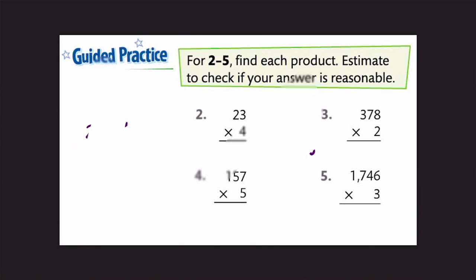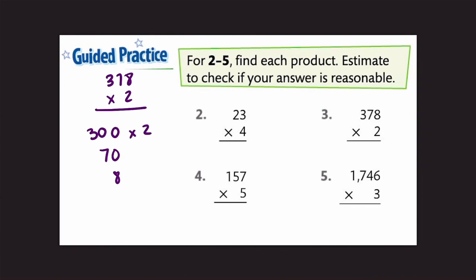All right, let's try another one. Let me erase this up here. We'll do number 3. Okay, so I have 378 times 2. So what we're going to do is separate out those place values. So 378 can be written as 300, 70, and 8, if we were to pull it apart.